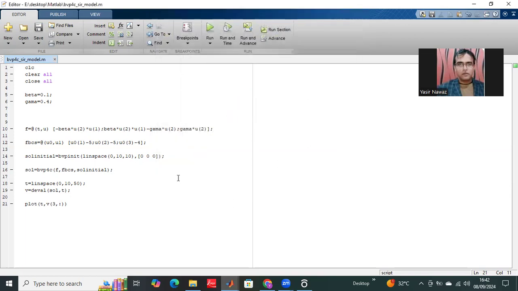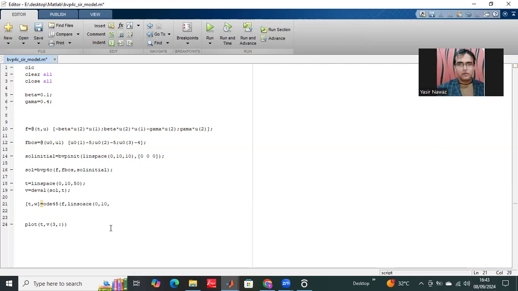So I can compare the solution of ODE45 and bvp4c. I applied the bvp4c. Now what will happen if I apply the ODE45? For ODE45, it takes a function and then a domain.